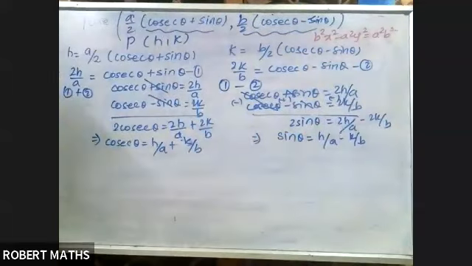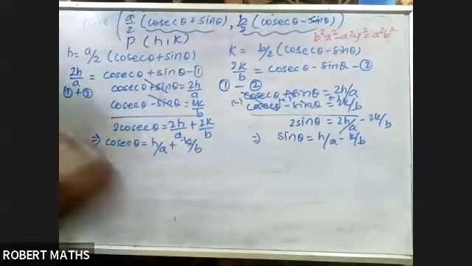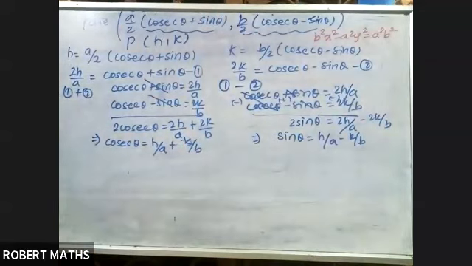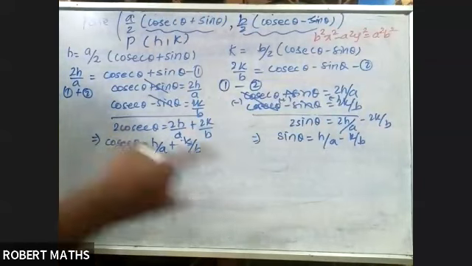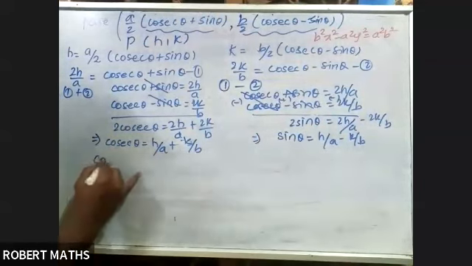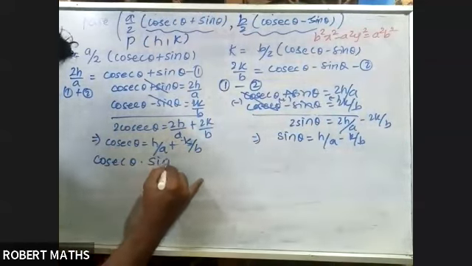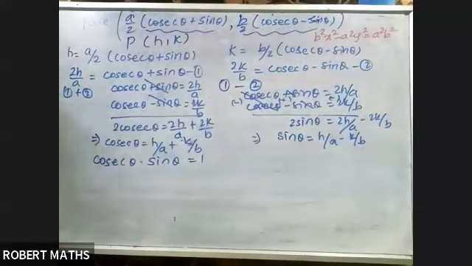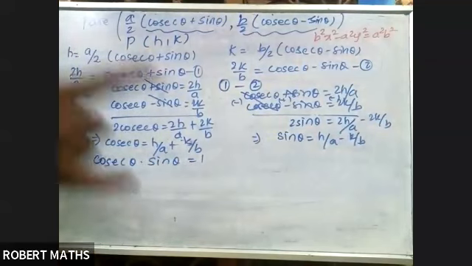Pay attention, sin theta and cosecant theta are reciprocal to each other. You have studied this in 10th standard itself. That is why I taught you trigonometry. These are very important conditions, right? So they are reciprocal to each other. Then we can say cosecant theta multiplied by sin theta is equals to 1, since they are reciprocals, the product will give you 1.